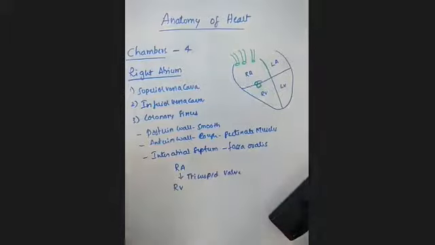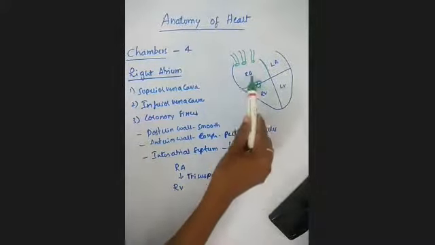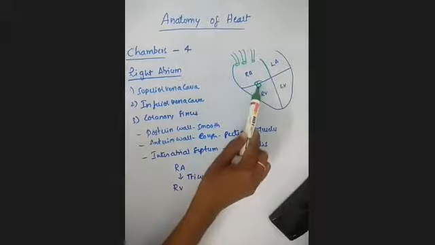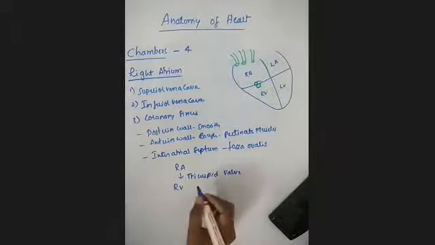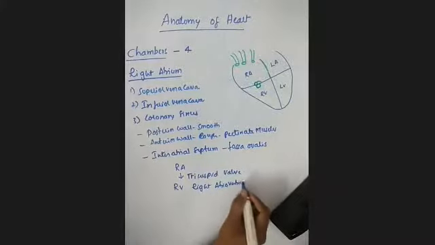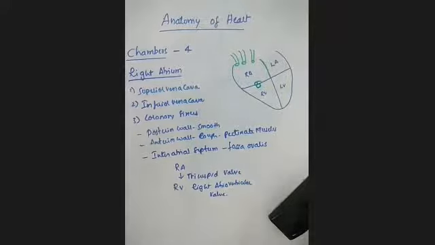From the right atrium, the blood enters the right ventricle with the help of this one valve, the tricuspid valve, or you will also call it the right atrioventricular valve. So this is about the right atrium.